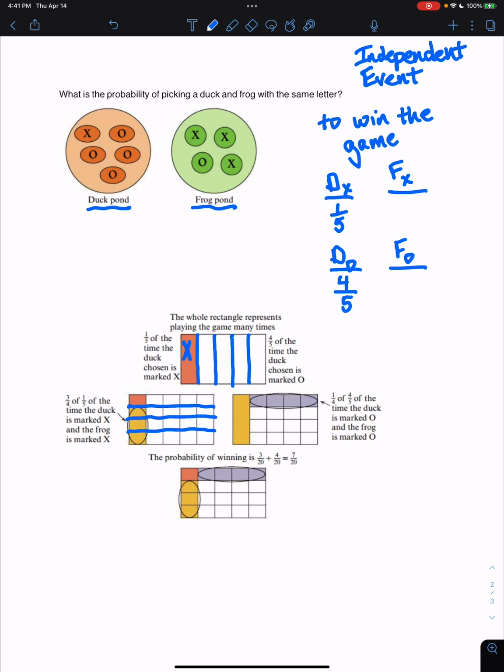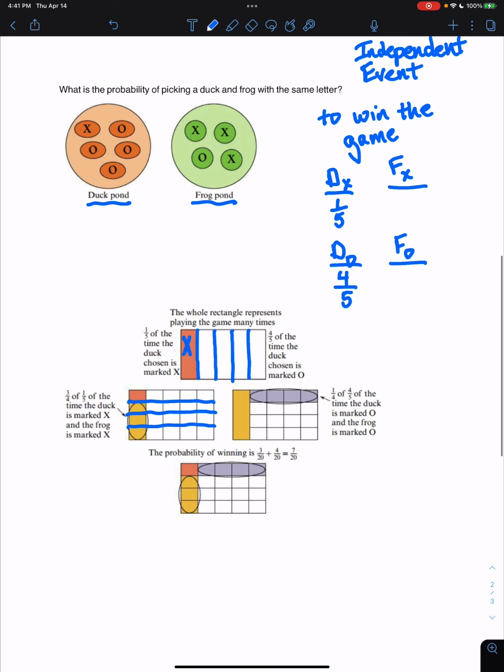All right, so if we pick a duck with an X, the colored in part here, we also want to pick a frog with an X. So 3 of these little pieces here represent picking the frog out of the pond that has an X. So 3 out of 4 times we are going to also pick a frog with an X. Great. Success, we win the game.